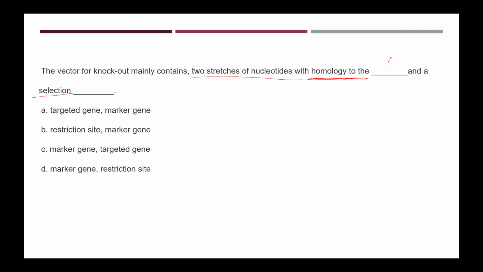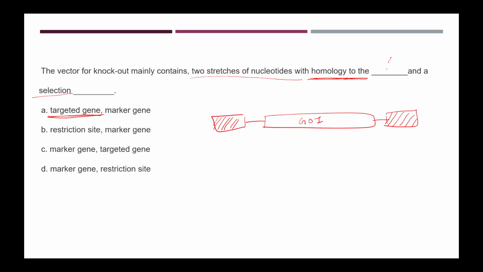Not restriction site. Here in the option it is given targeted gene. You can say that that is also true. As I have talked to you, beyond the gene of interest I am talking, right? These homology arms I am telling. So these are basically the homology arms which I am talking about, beyond or prior to the gene of interest.